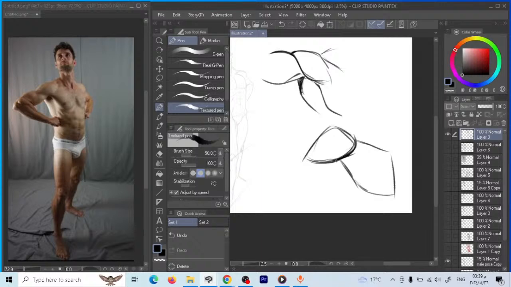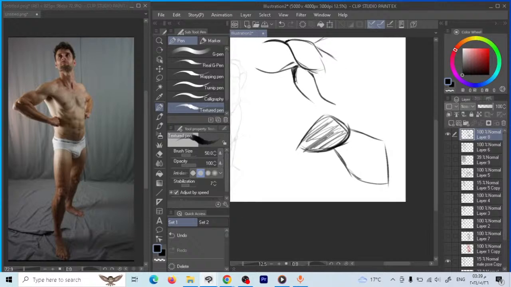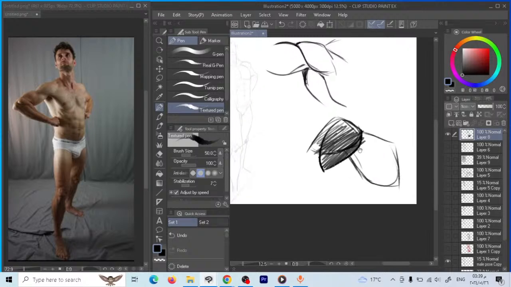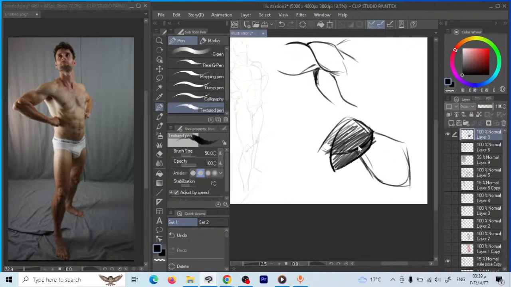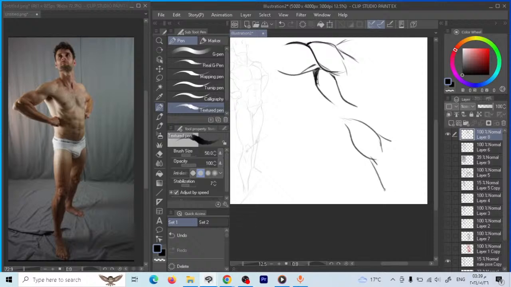So when this part moves down, it is still going to be hiding the back muscle or the chest muscle. If it moves up, then we're going to see more of the back muscle. As I said before, it is actually the overlapping parts.